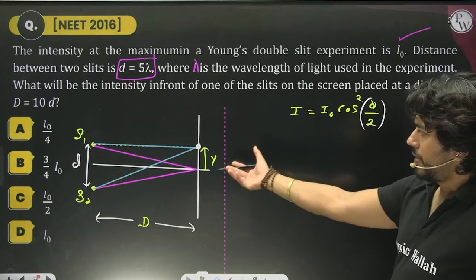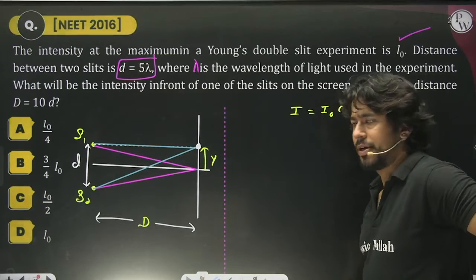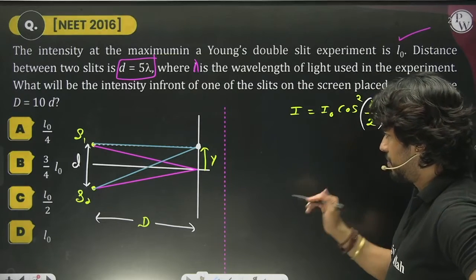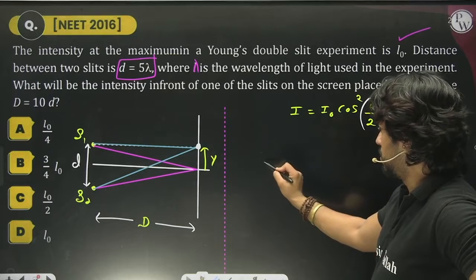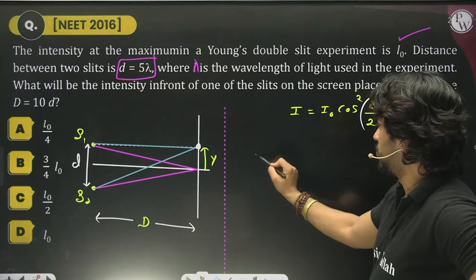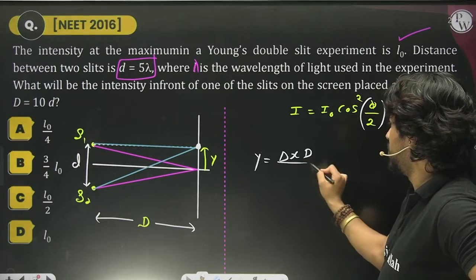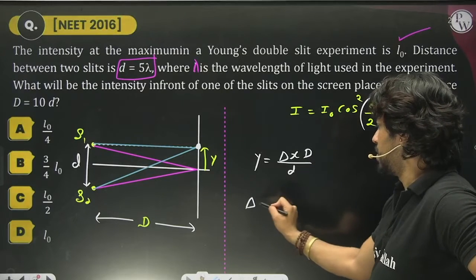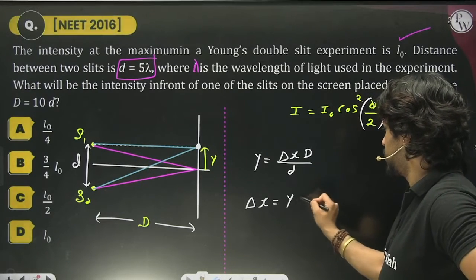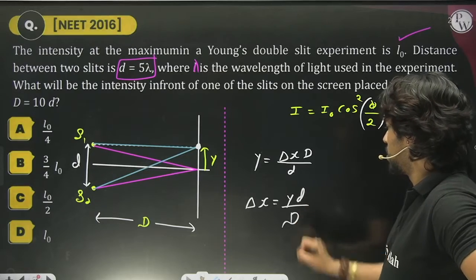So we can find out the path difference corresponding to this point, isn't it? What is the expression of y? y equals delta x times D by d. So delta x can be written as y times d by D, isn't it?